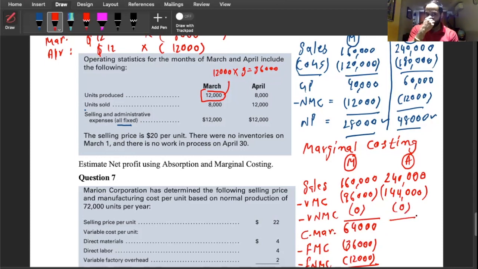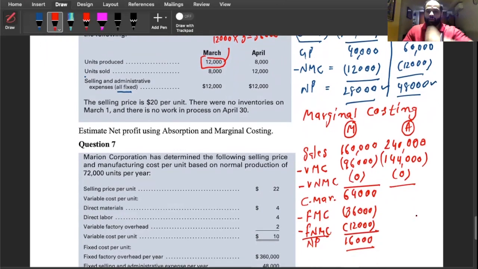So how much is contribution margin? 126, right?